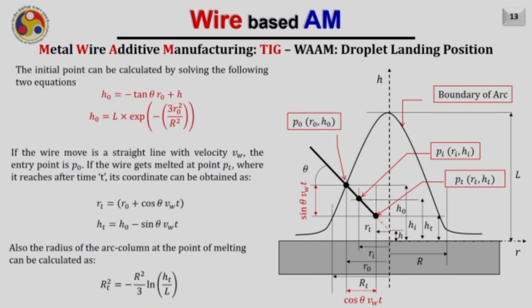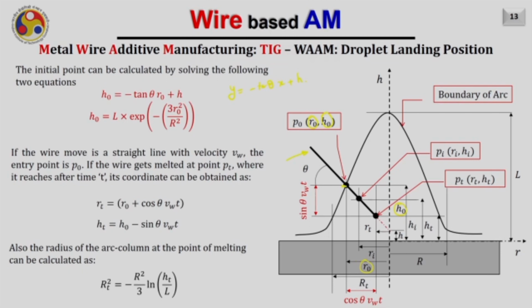So as I now know the equation of my line along which my wire is entering, given by y equals minus tan theta x plus h, I can easily find out the relation between H naught and R naught. H naught is the height of the point at which the wire is entering into the arc, and R naught is the distance of that point from the center line, and that is given here by R naught.